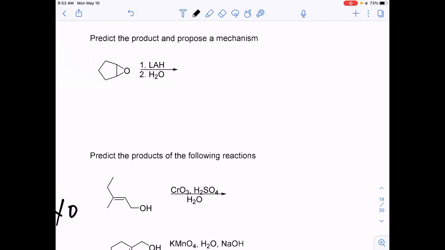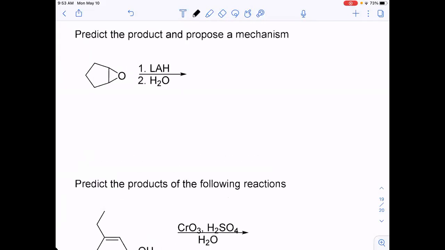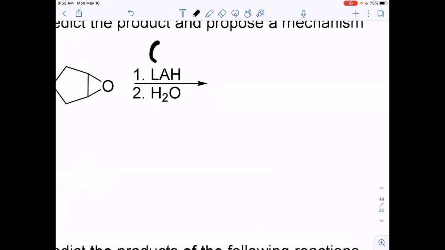Yep. But in this case, where are we gonna add the hydride? So in this case, the epoxide is symmetrical, right? So it doesn't matter which side we open it from. So let's just pick a side.